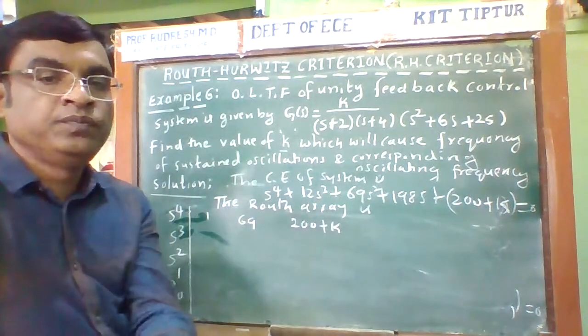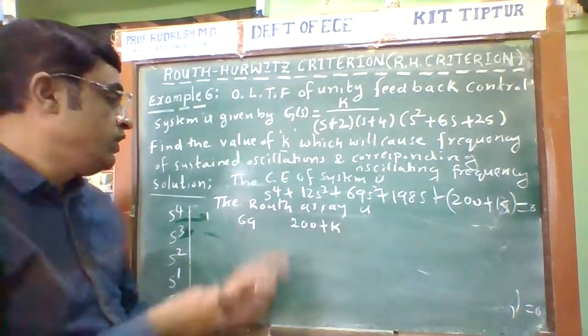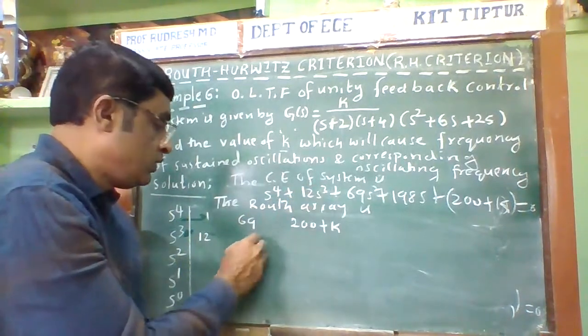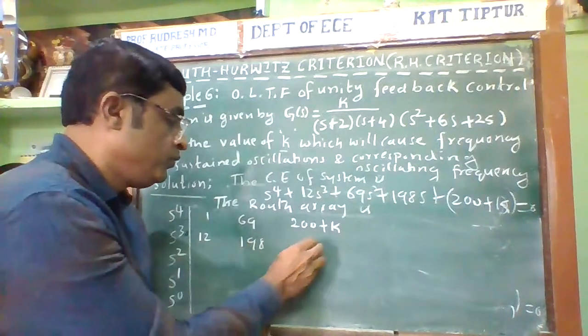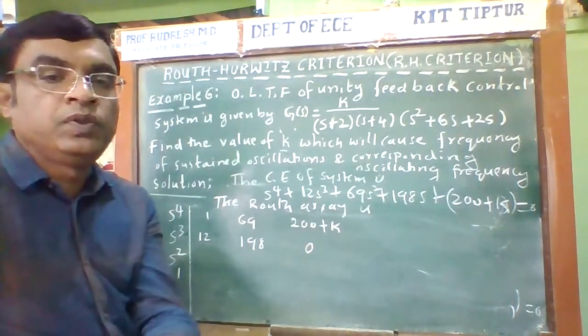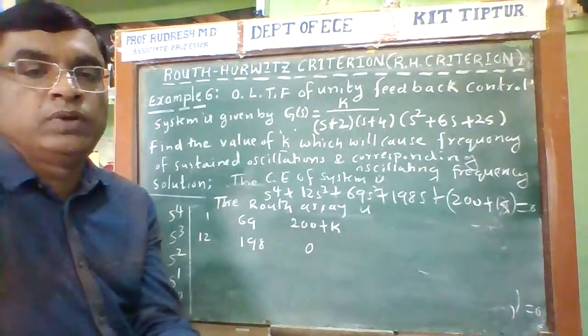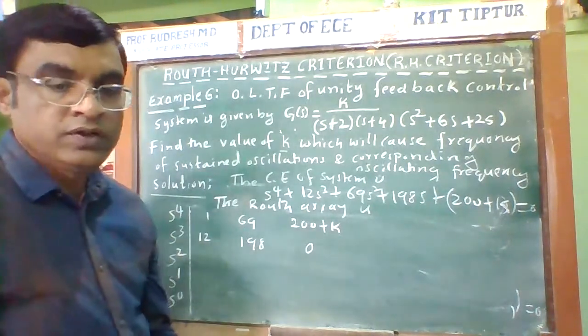Now, similarly, the second row elements are the odd powers of S, 12 and 198, and 0. Now, subsequent row elements. What will be the other element?